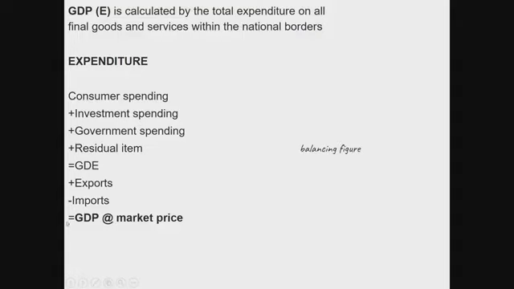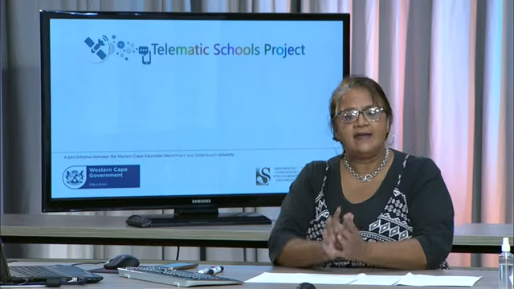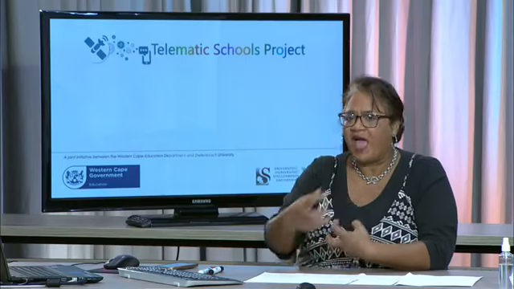Because at the end of the day, this GDP at market price must be exactly the same as the GDP at market price for the income method, and exactly the same as the GDP at market price for the production method. So therefore, we have the residual item acting as a balancing figure. So 9 times out of 10, we would like that figure to be positive because it means we haven't sold everything that was produced within the country.